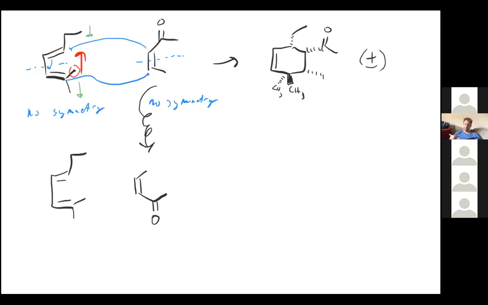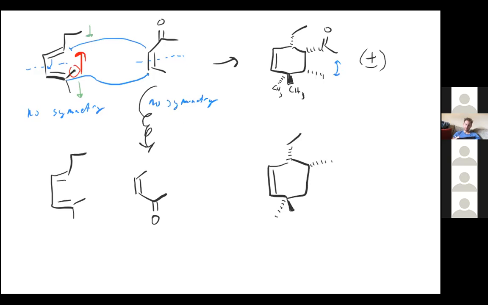The only difference is going to be that we're switching these two groups here. So we can draw the left portion of it exactly the same. And then we've flipped over where our methyl and ketone are. So our methyl should be on top now.